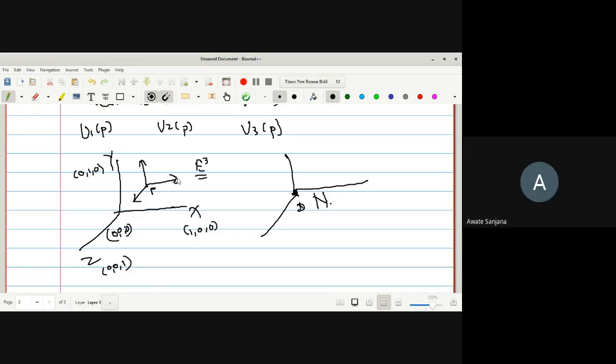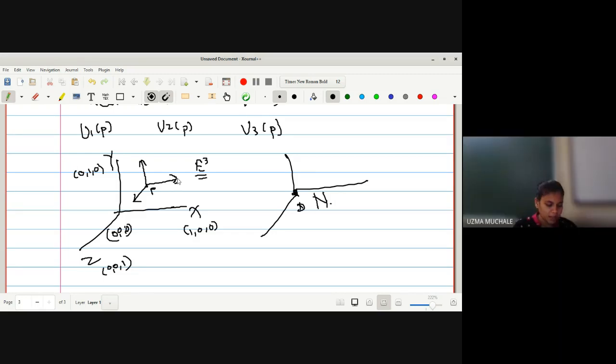Okay, so what I told you: instead of having the origin at 0 0 0, if I go in the x direction, assuming unit distance, I write 1 0 0. The z direction is 0 0 1 and the y direction is 0 1 0, right?